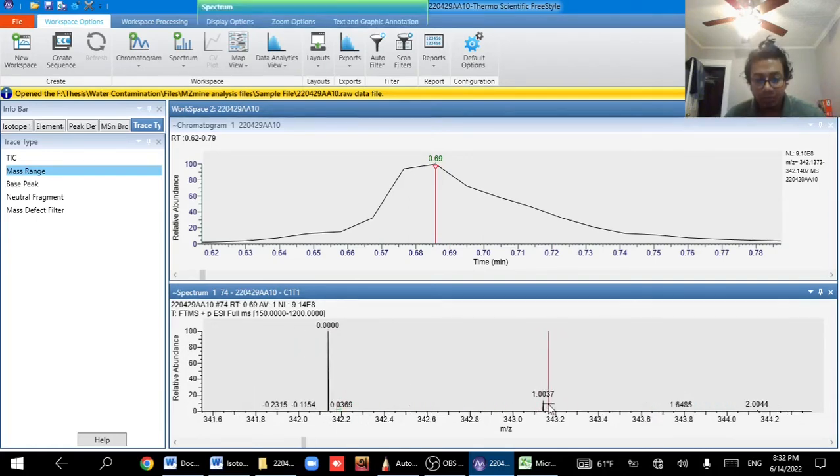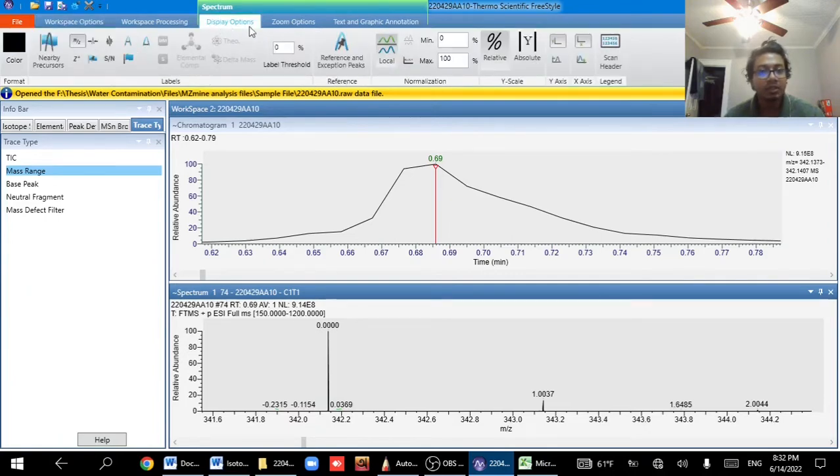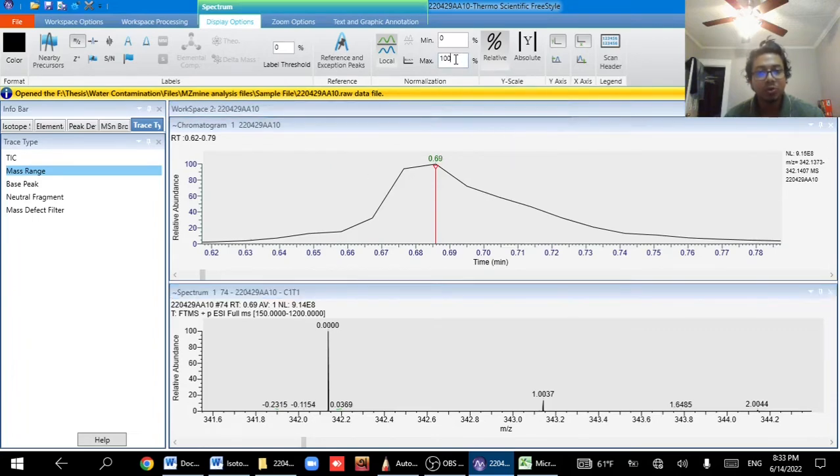So I need to zoom in again, so this peak is more visible now. For that I go to the display option here. Then I make it big, and reduce the range because it is out of range, so I will make it 15. Here you can see this peak at 1.0037.